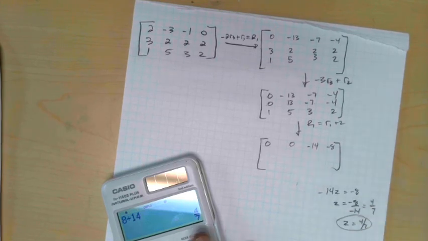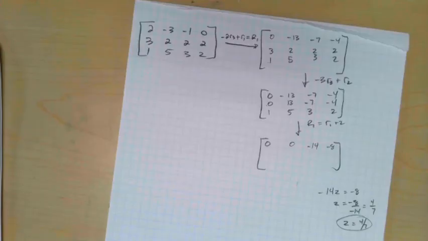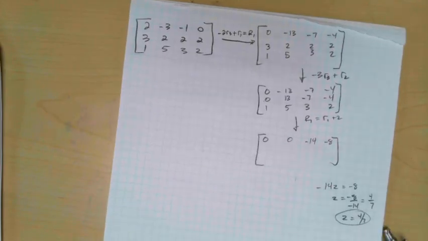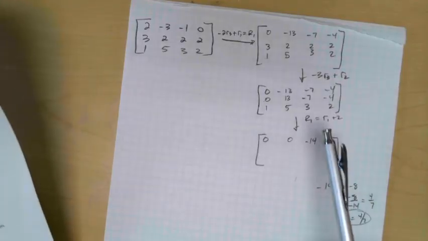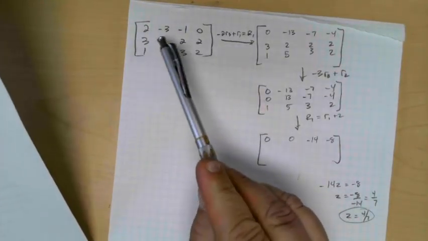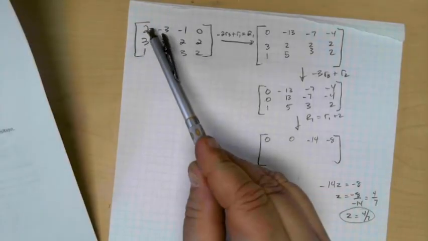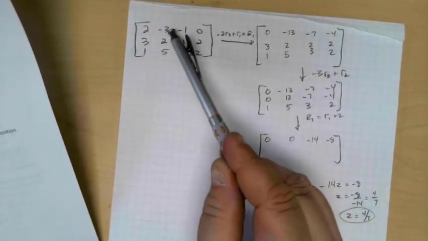Now, fractions aren't necessarily evil, but if I get a fraction that's not really pretty like that, like halves, thirds, things like that, I start to question if I've done something. So I'm going to go back and check my work. That's one reason I do this. Did I write it down right? 2, 3, 1, -3, 2, 5.